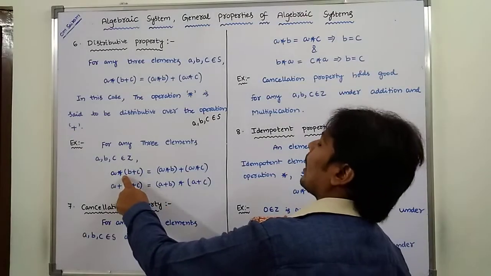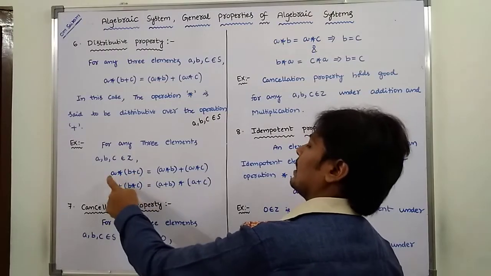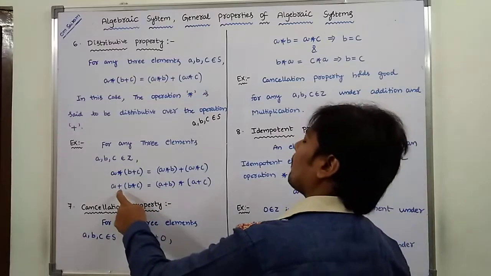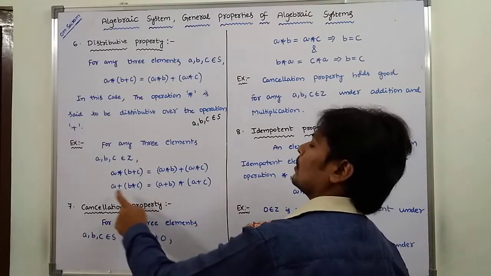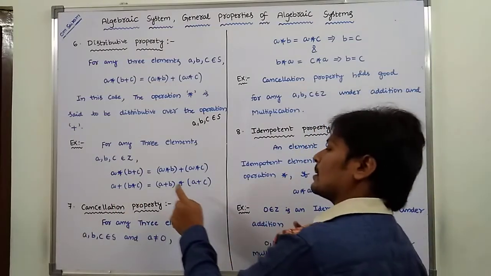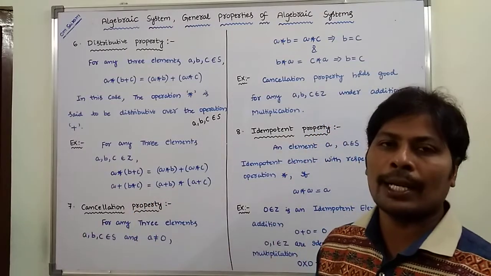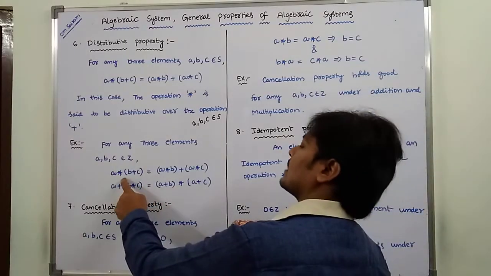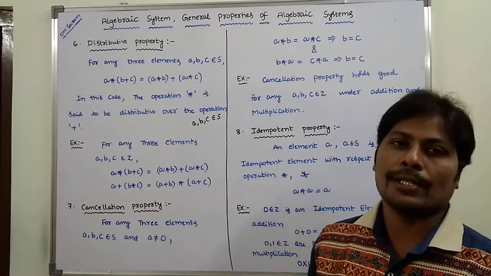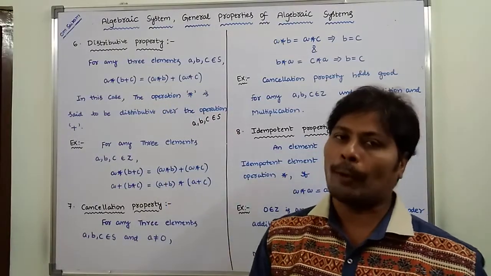So A star (B plus C) is equal to (A star B) plus (A star C). Another one is A plus (B star C) is equal to (A plus B) star (A plus C). So this is the operation plus is distributive over the operation star. Here this is the operation star is distributive over the operation plus. Okay, so this is the distributive property.